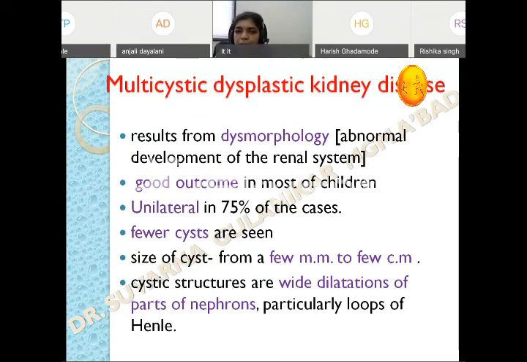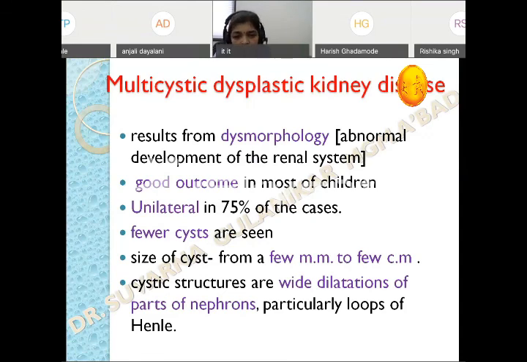In polycystic kidney there is a halt: the secretory and collecting parts could not communicate. Here the dysmorphology is there, abnormal development. It is common in children, but it is unilateral. PKD is always bilateral. Outcome is good.